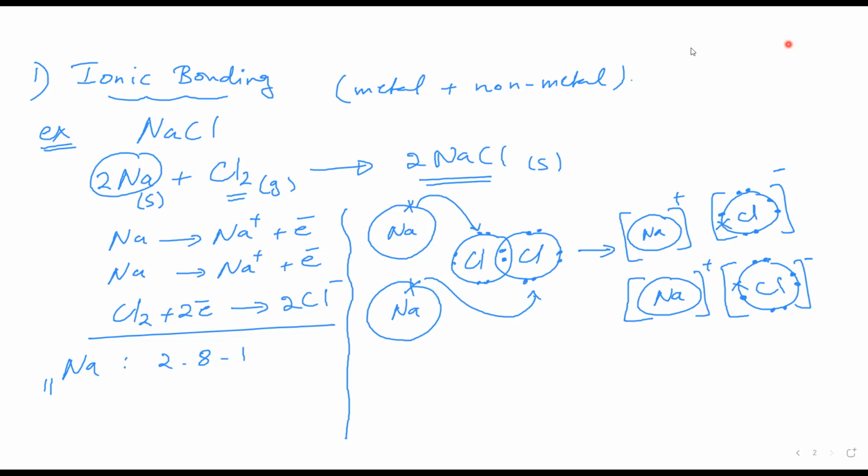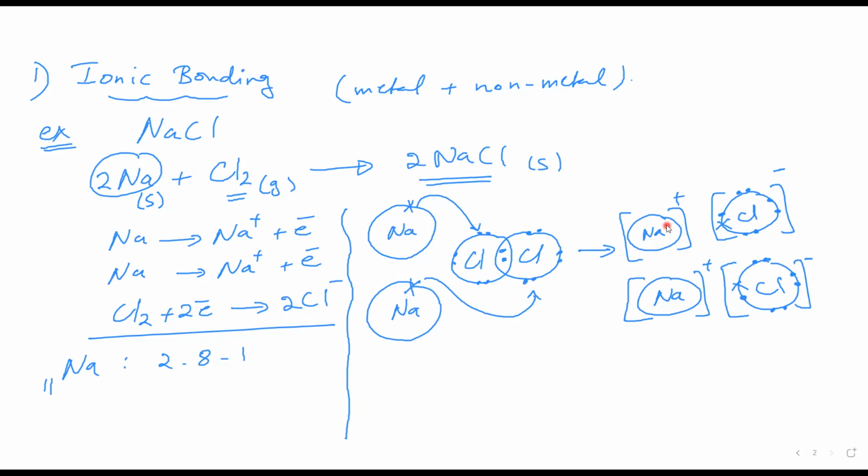Okay, so as you see here, each sodium lost an electron and formed the sodium ion. Of course, we don't have to show any electrons in the sodium because we are showing only the outermost shell, except if they ask you to draw all the shells.